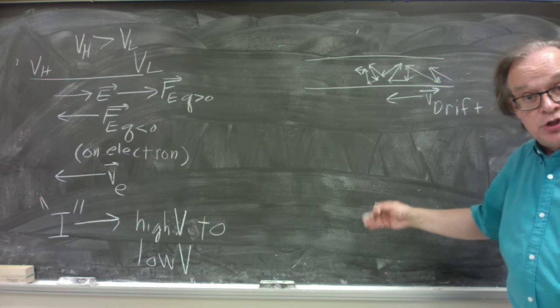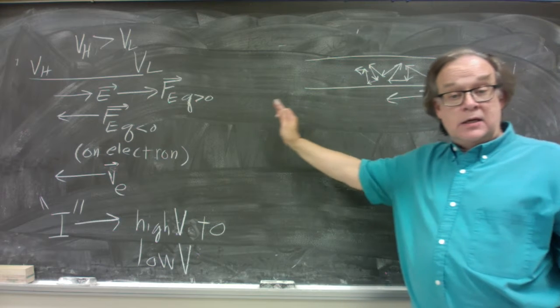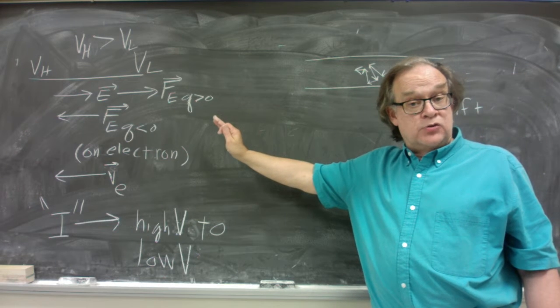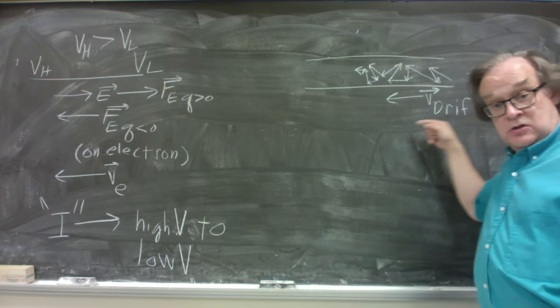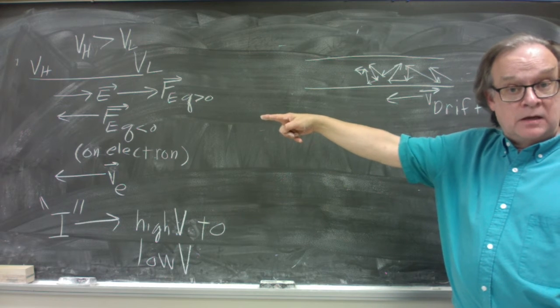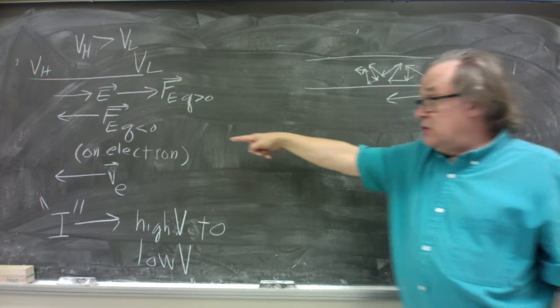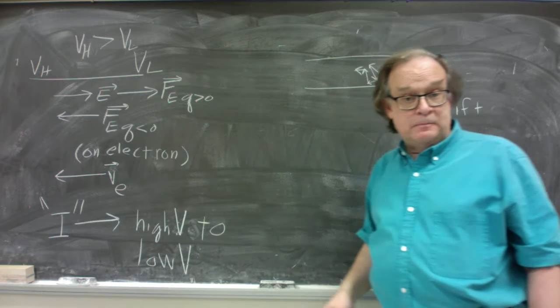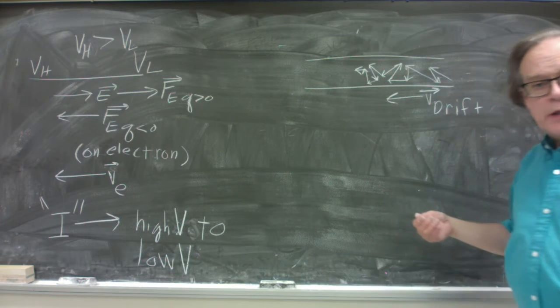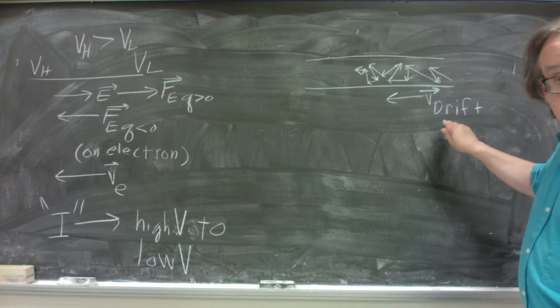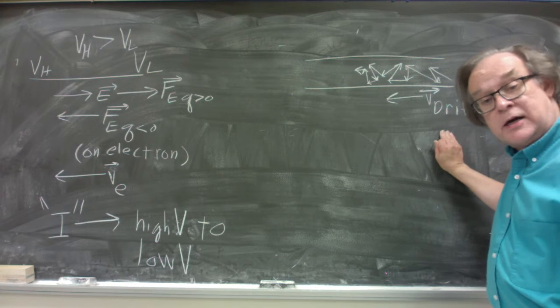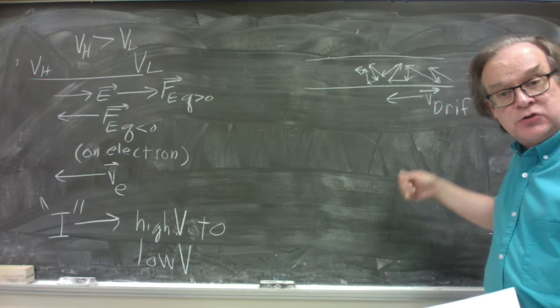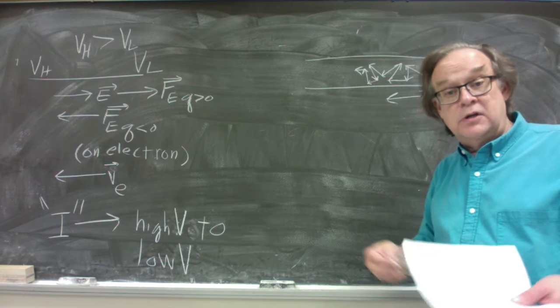On average, the velocity of those electrons is constant and pointing in the direction of the force on a negative charge. We call that constant average velocity a drift velocity, and we call the magnitude of drift velocity drift speed.